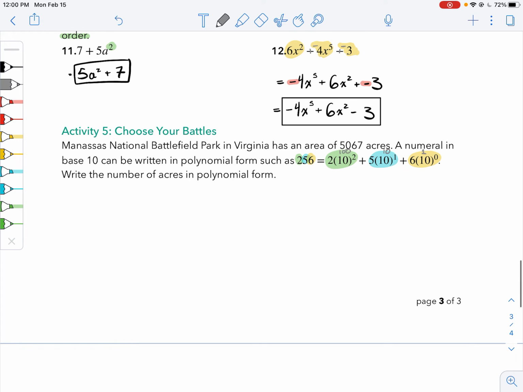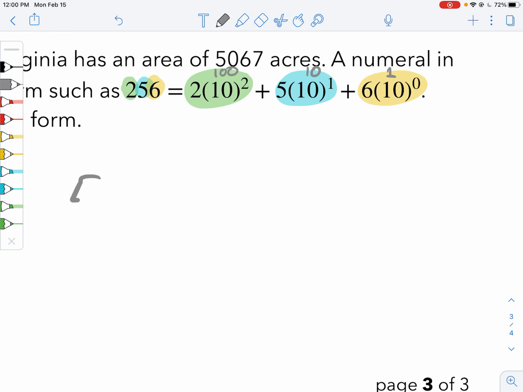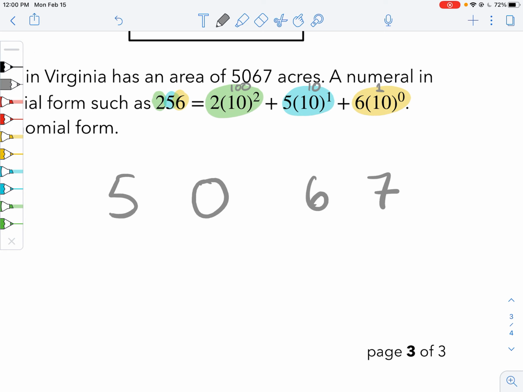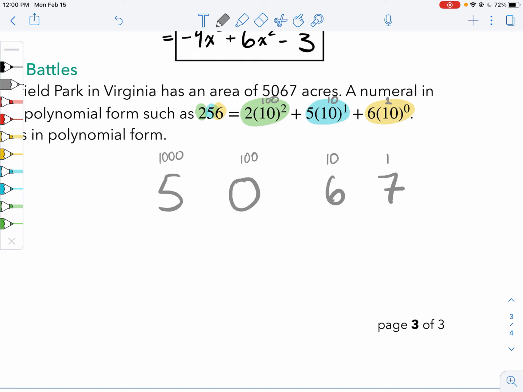Okay. So let's take each of these guys and write them as their own separate little power of 10. So we have 5, 0, 6, 7. 5,067 means we have 5 thousands, we have 0 hundreds, we have 6 tens, and we have 7 ones.